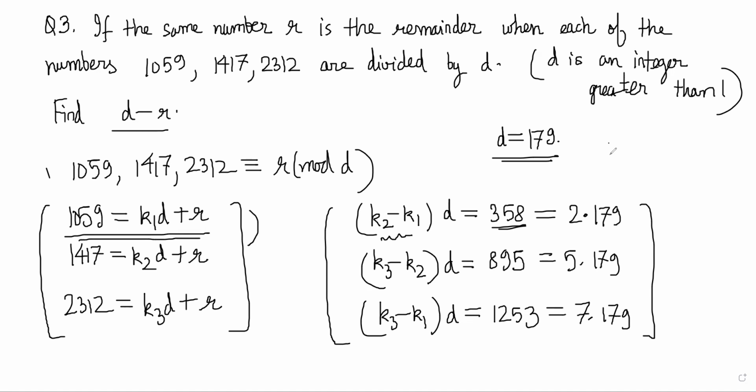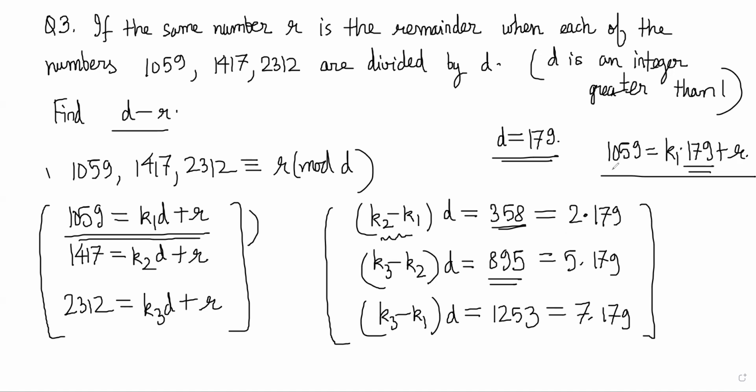So we'll say 1059 is equal to k1 times 179 plus r. Now, if you think about it, 5 times 179 is 895. So 6 times 179 would be, add 179 to it, so 1074, right?